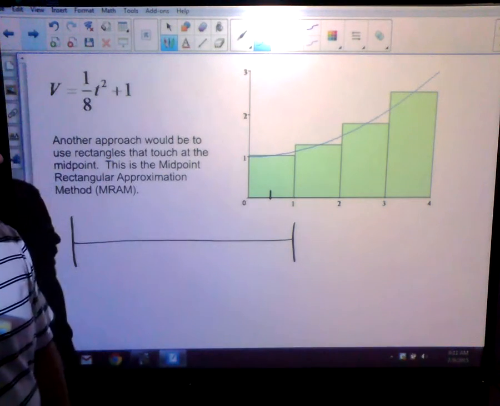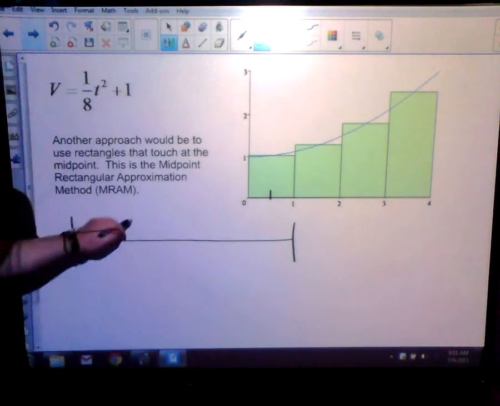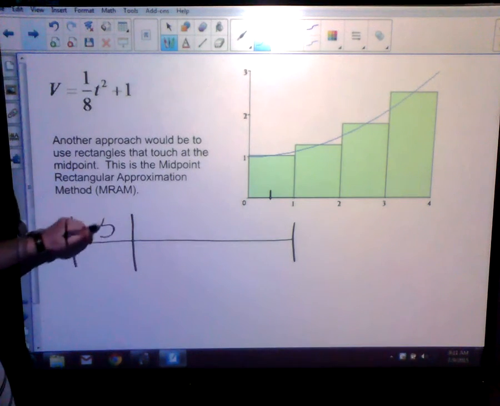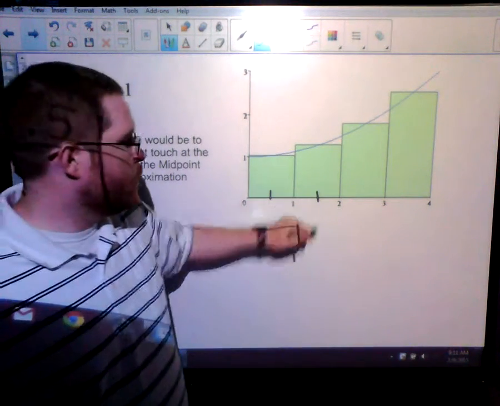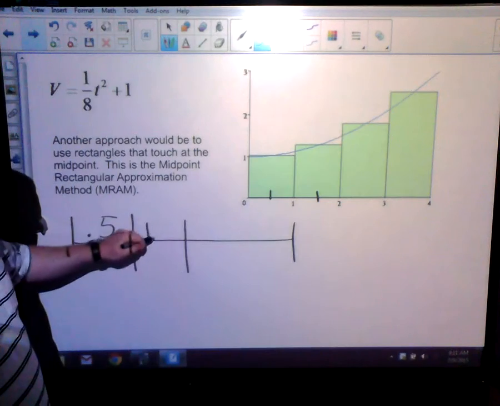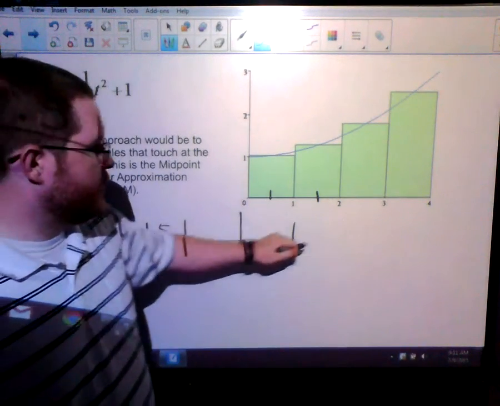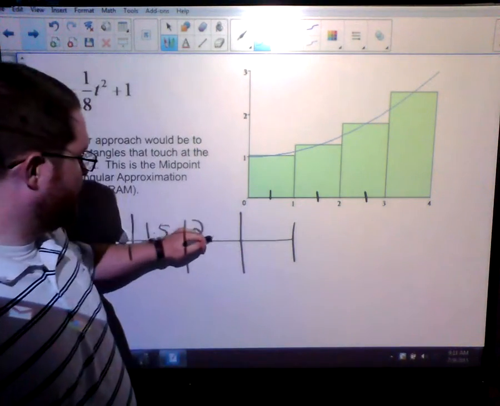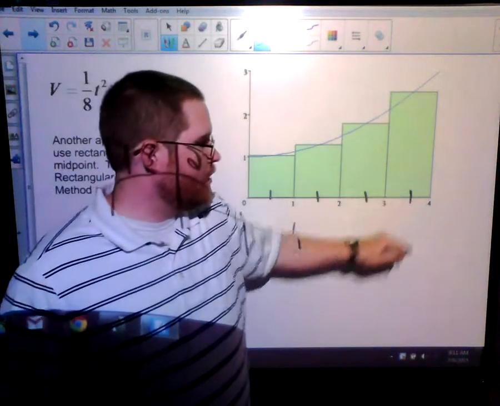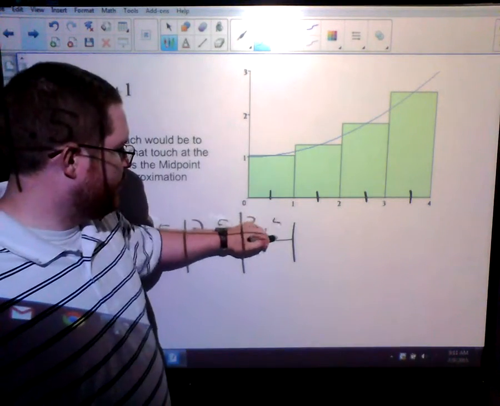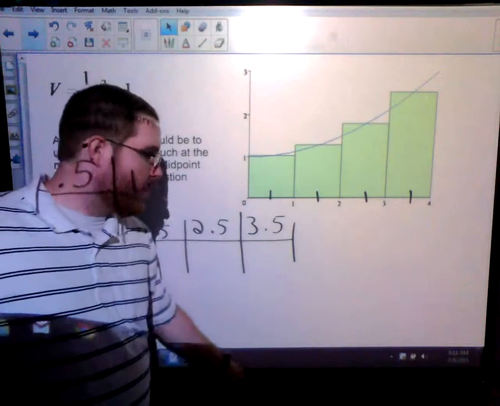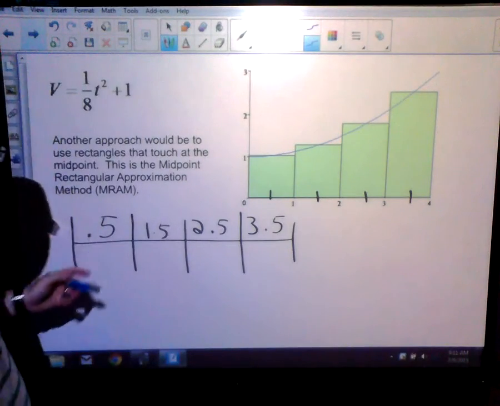What's the middle between 0 and 1? 0.5. What's the middle between 1 and 2? 1.5. Between 2 and 3? 2.5. And between 3 and 4? 3.5.